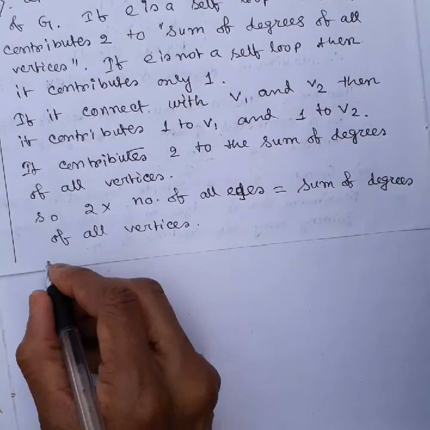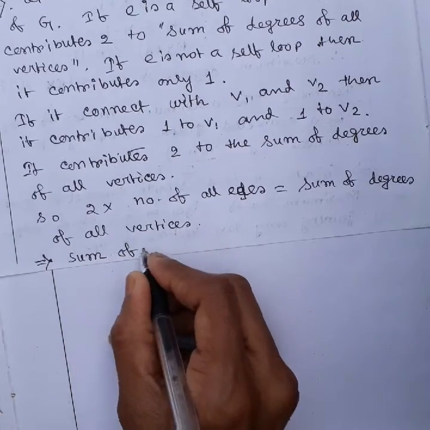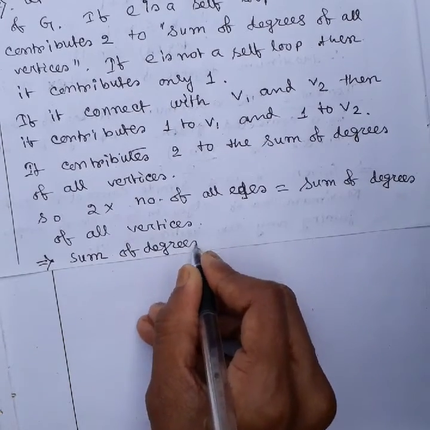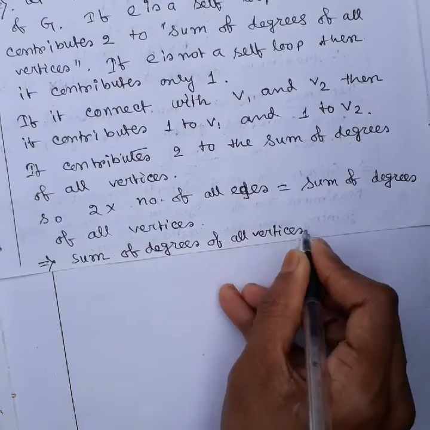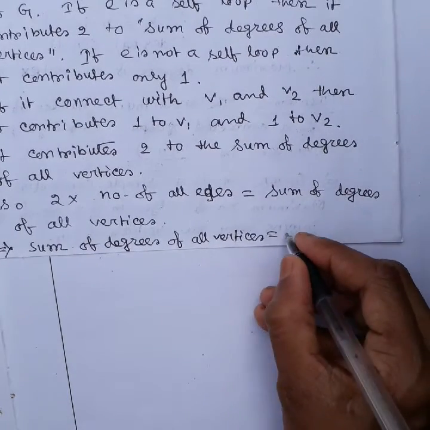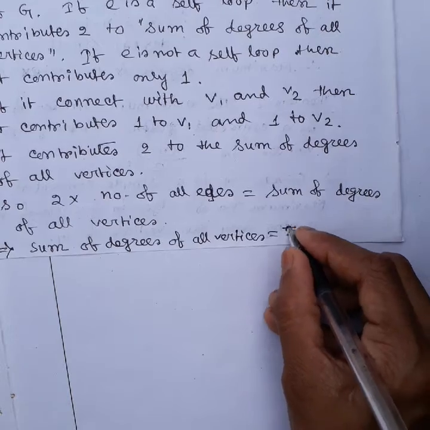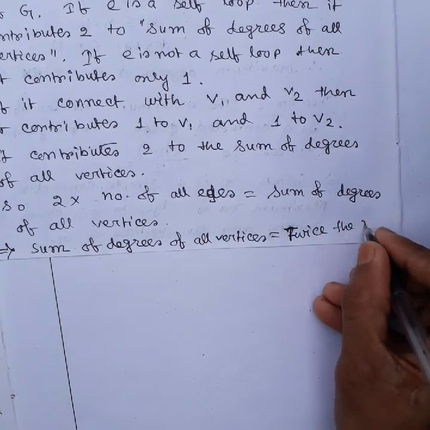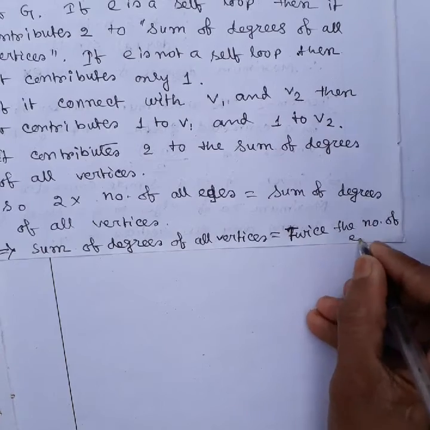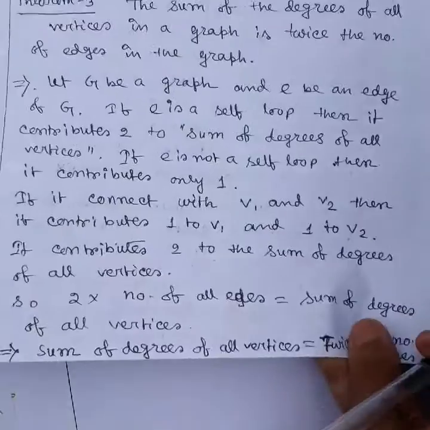So the sum of degrees of all vertices is equal to twice the number of edges.